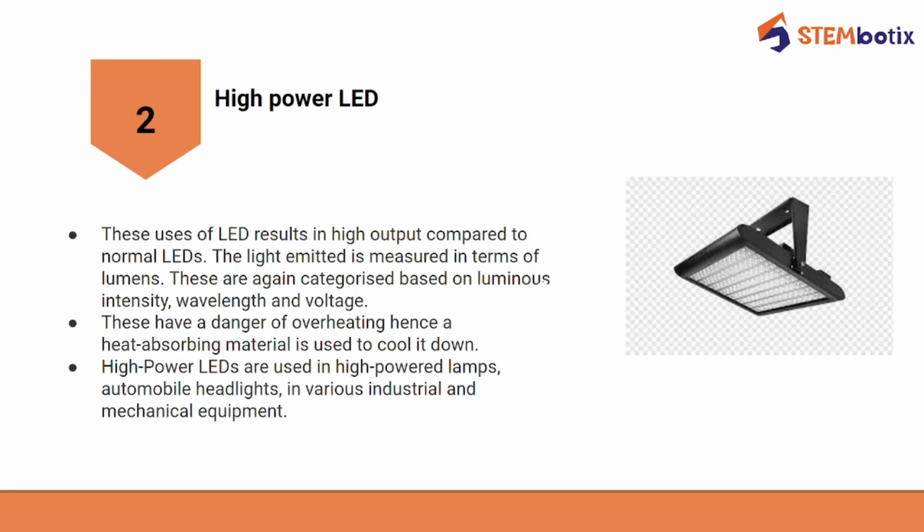The light emitted is measured in terms of lumens. These are again categorized based on luminance, intensity, wavelength, and voltage. These have a danger of overheating, hence a heat absorbing material is used to cool them down. Since it has a very high output, there is a danger of overheating, and to compensate for that, we need to use a heat absorbing material, or you can say a heat sink, to cool it down.